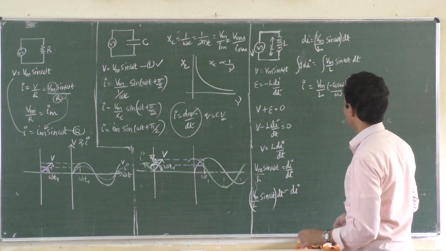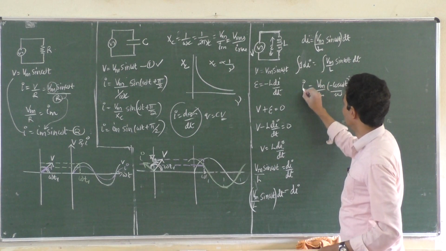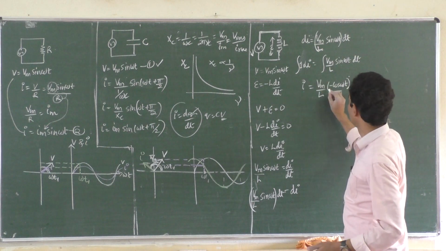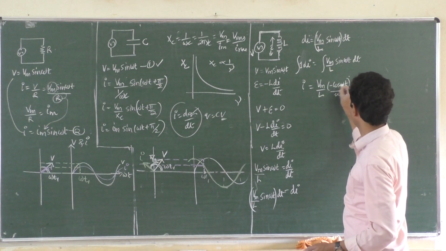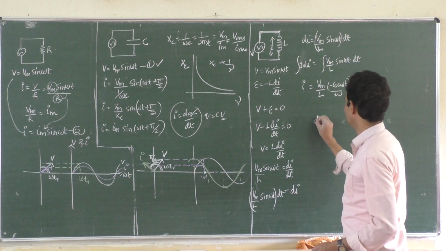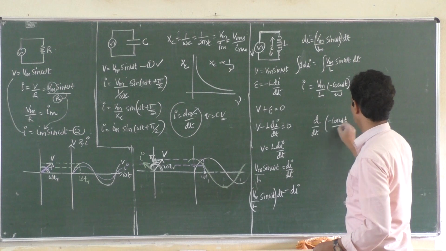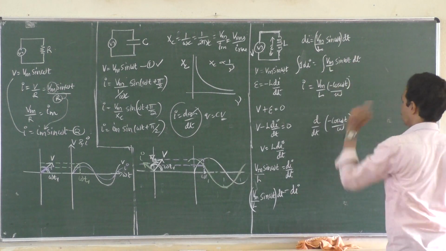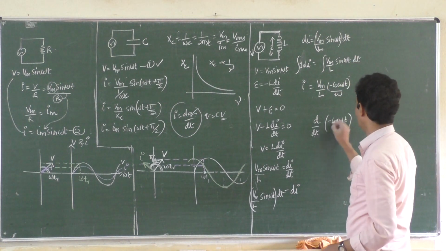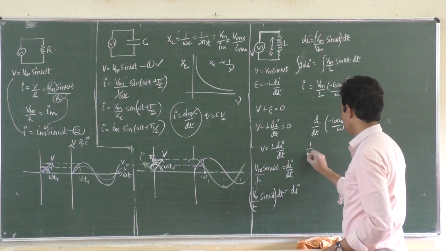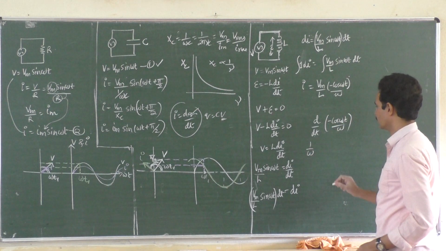But for the time being, differentiate I, it is di, correct? What about differentiating this? Vm by L is a constant. Differentiate d by dt of minus cos omega t by omega. Will you get sin omega t? Yes. How? 1 by omega is a constant. d by dt of minus cos omega t.